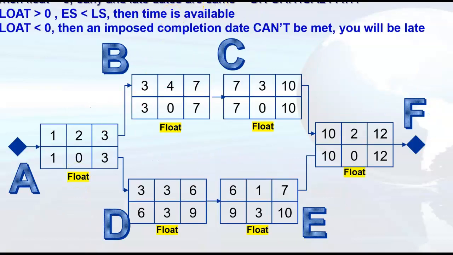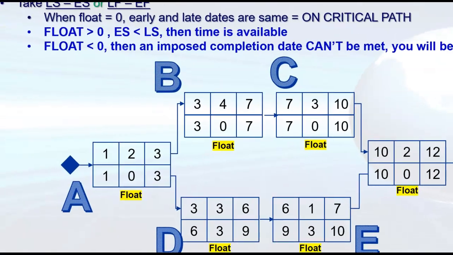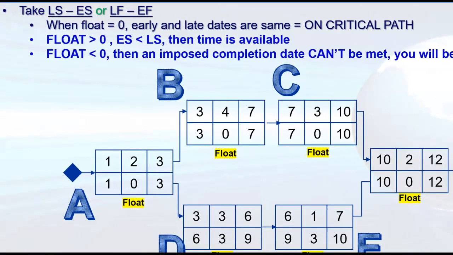Now I'm ready to determine my critical path, right? So what I do is I either subtract from any node the late start minus the early start, or the late finish minus early finish on any one.